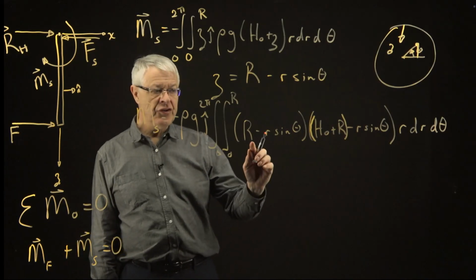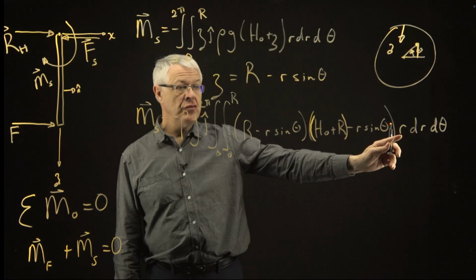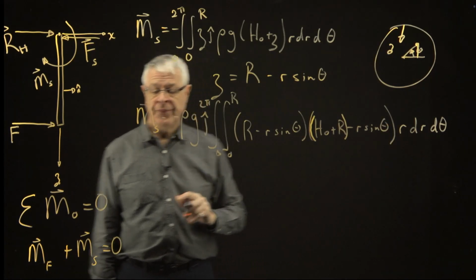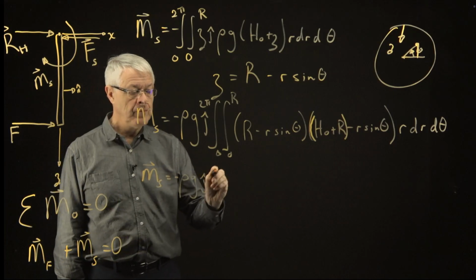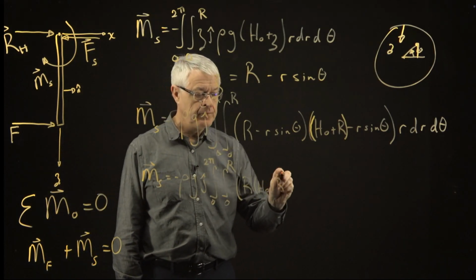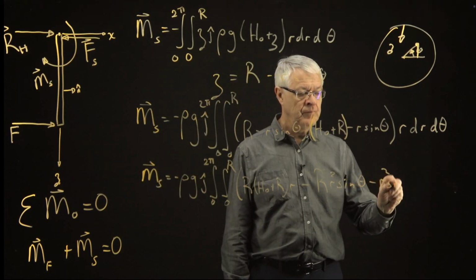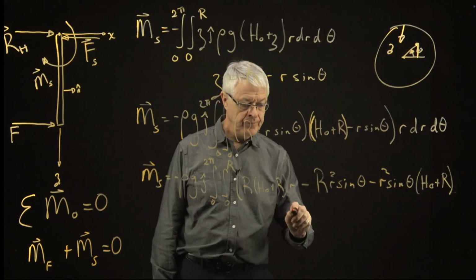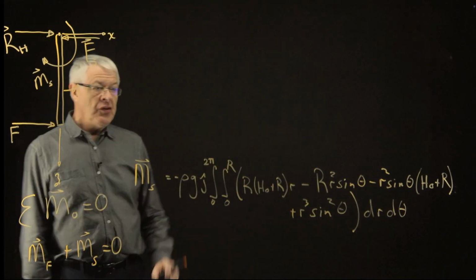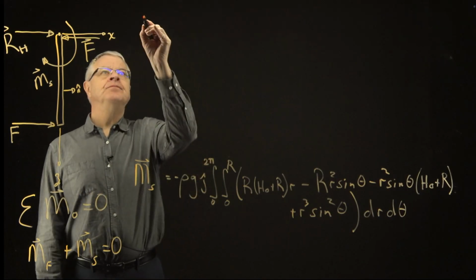So the next thing we need to do is multiply out these two terms. And while we're doing that, we need to remember there's an extra r here. So we're going to bring that into the expression as well. So that's the equation all multiplied out. First we'll do the r integral.